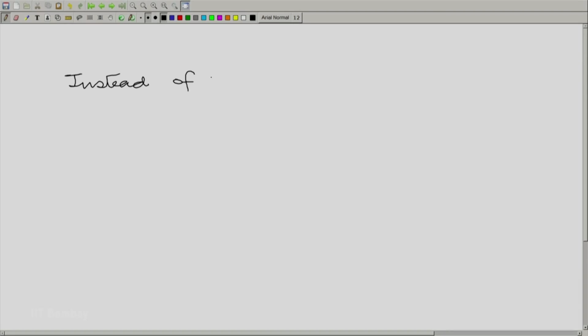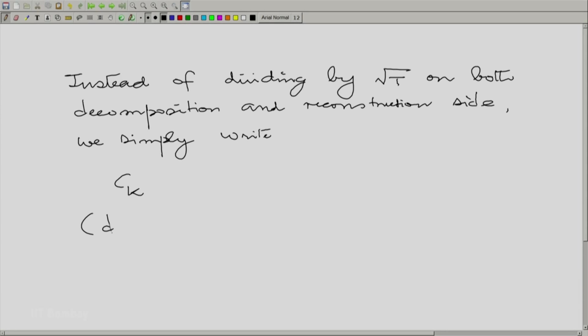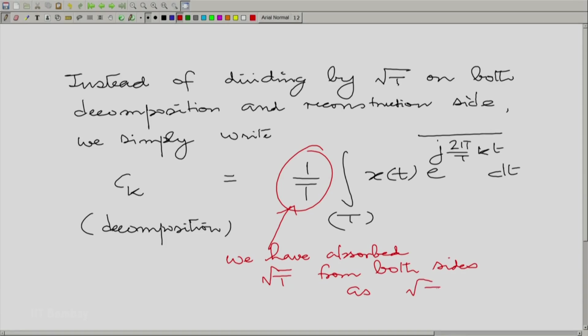So, let us understand what we are trying to say. We are saying, instead of dividing by square root of T on both the decomposition and reconstruction side, we simply write Ck, that is the decomposition side, is the dot product of xt with e raised to the power j 2 pi by T times kt over any contiguous interval of T divided by T. So, here what we have done is to absorb the square root of T, which you would have put on the decomposition side and on the reconstruction side together on the decomposition side, so as to avoid the square root business.